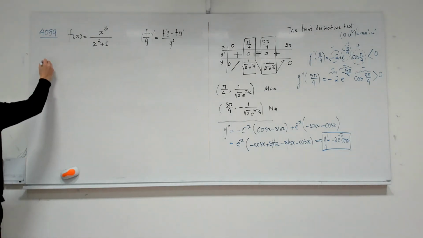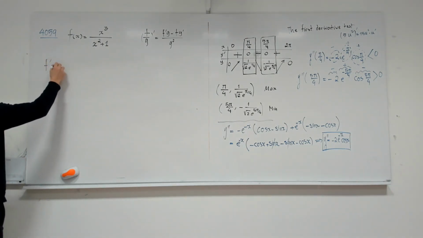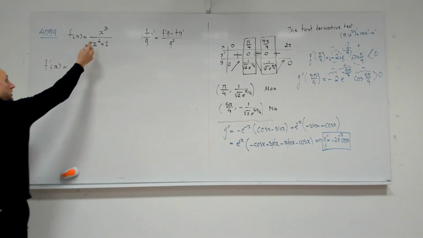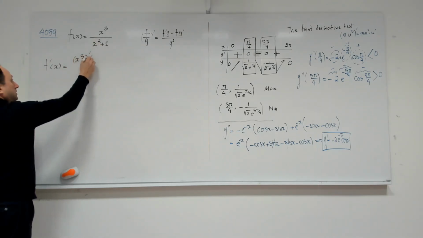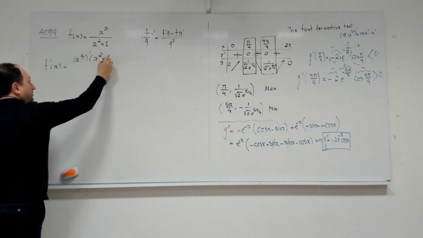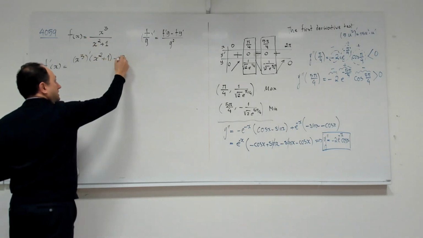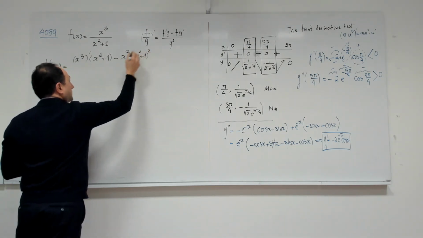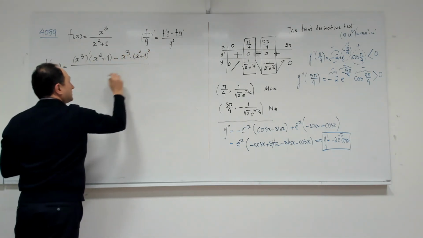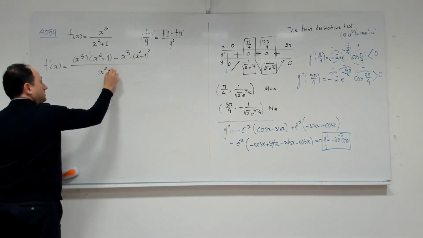But here, I would say this is the only way to do it. So it becomes the derivative of the numerator multiplied by the denominator itself minus the numerator itself multiplied by the derivative of the denominator, but divided by the denominator squared. Don't forget about squaring it.